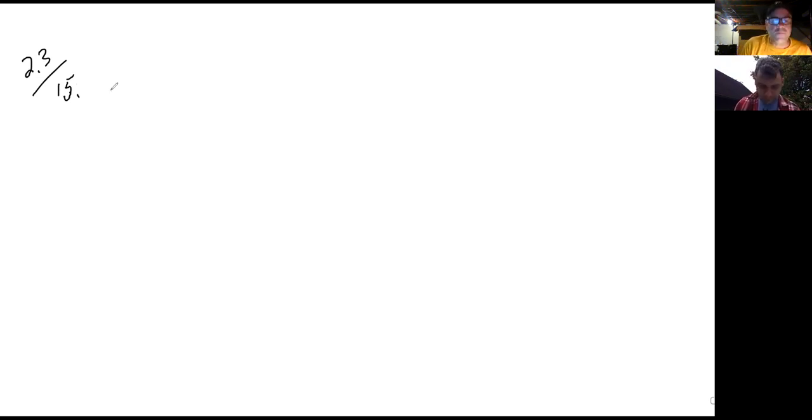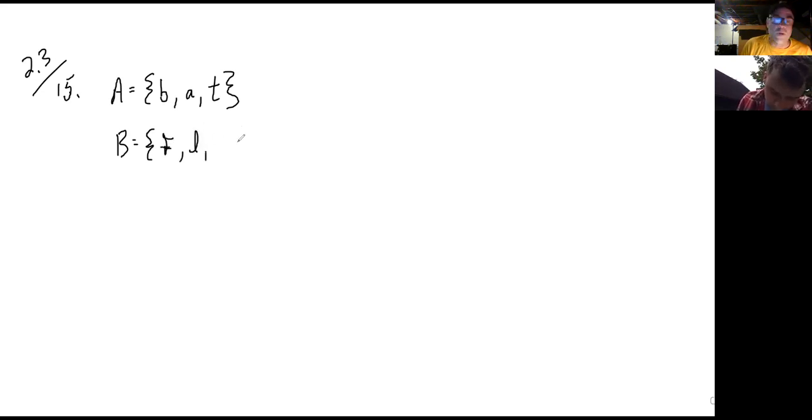We're given a set A, and it has the elements B, A, T, and a set B, and it has the elements F, L, and Y. And it's going to ask us to find all the elements of A cross B.